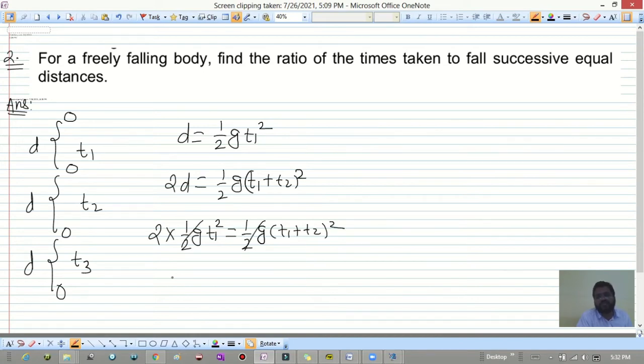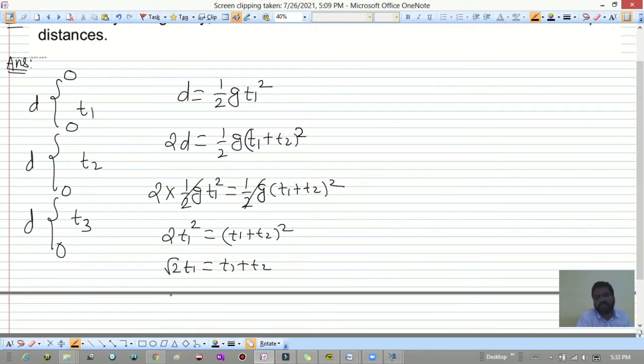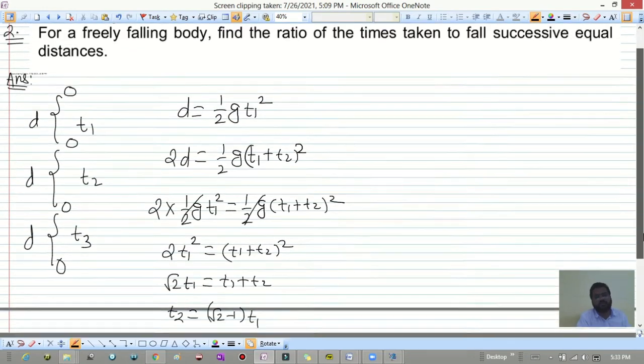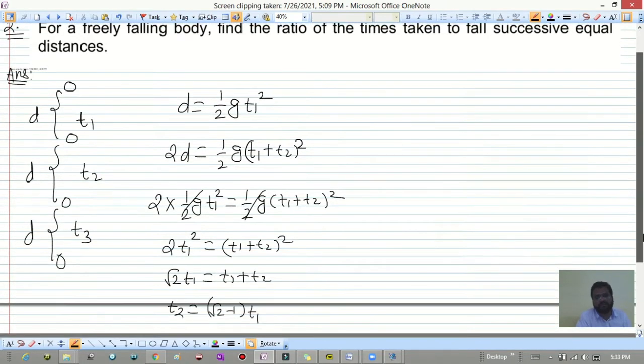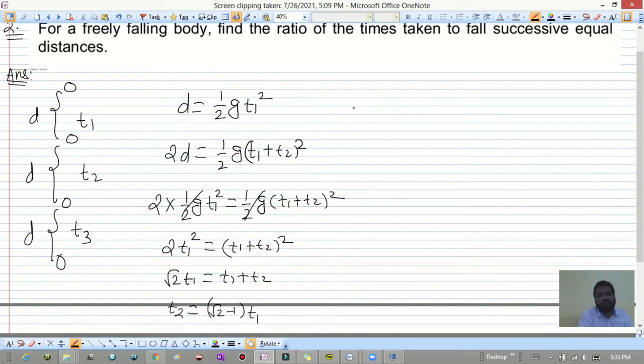So this gets cancelled. So 2 t1 squared is equal to t1 plus t2 whole squared. We want t2, so take a square root. Root 2 t1 is equal to t1 plus t2. So from this we can say t2 is root 2 minus 1 into t1.